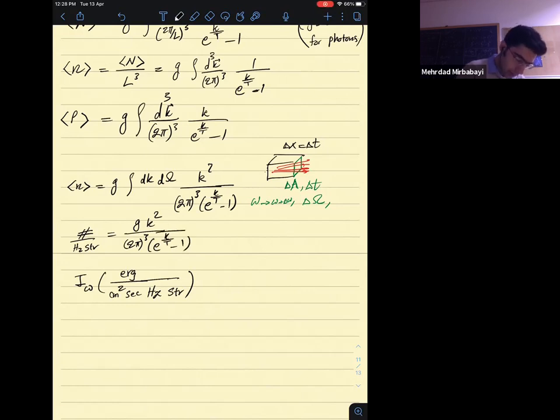Since this is the density, we multiply by delta A and multiply by delta t, since c is 1 in our units. So delta A times delta t would be just the volume of this box.